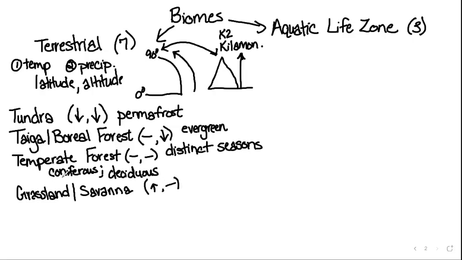And that's going to entirely depend on its location compared to water sources. So savannas or grasslands that are near large lakes, large bodies of water, may get more precipitation than those that are far away from those things.